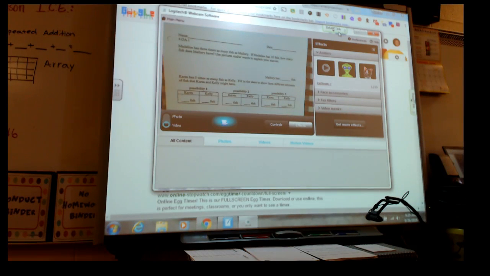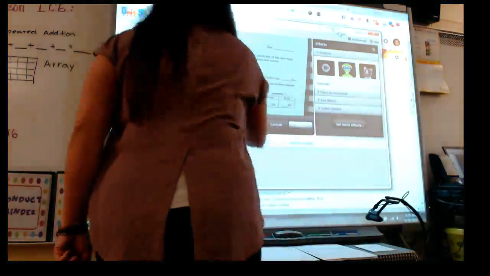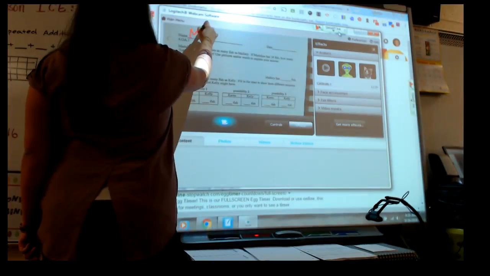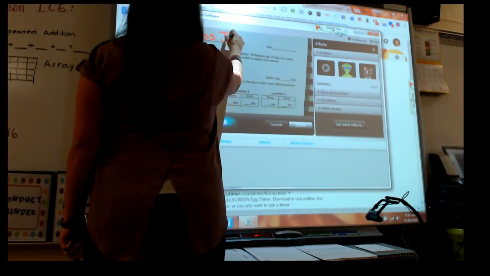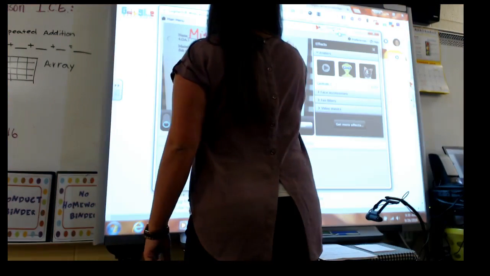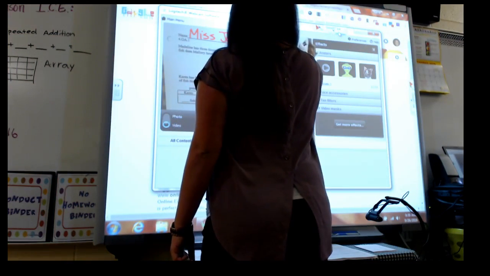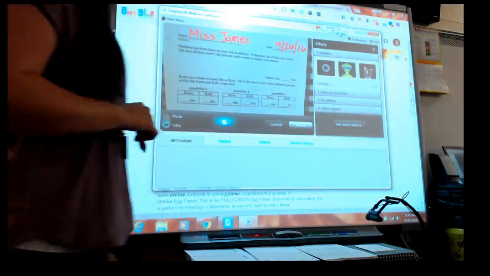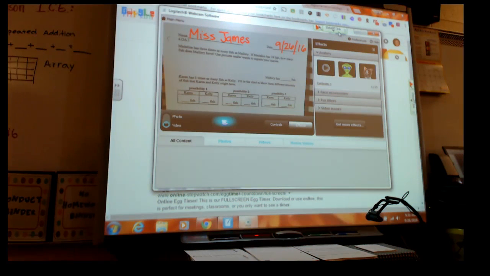All right, on our journal it says we need to write our name, and we need to write the date. It says Madeline has 3 times as many fish as Mallory.